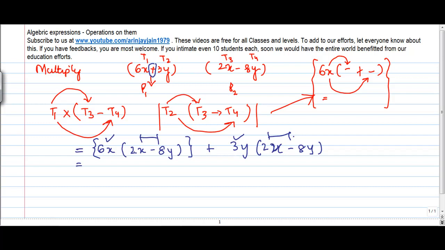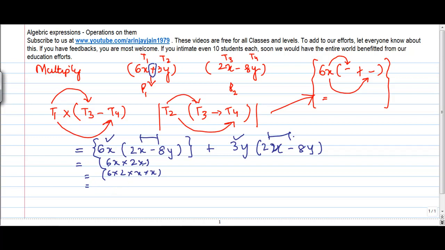So you have 6x into 2x, or 6 into 2 into x into x. I'm just doing this in detail so that it becomes easier for you. Once you are perfect in this, you don't need to do all this.